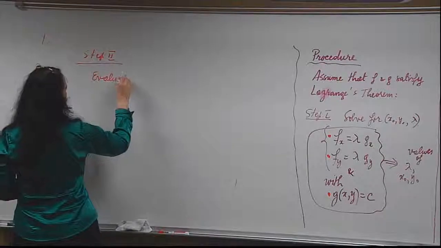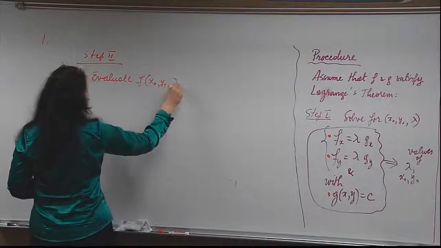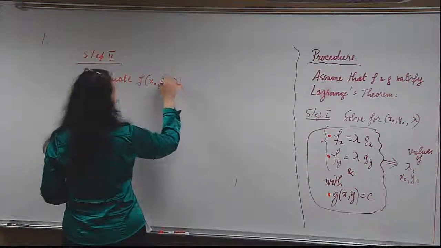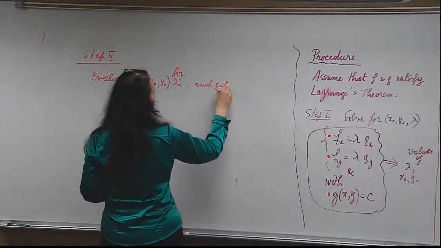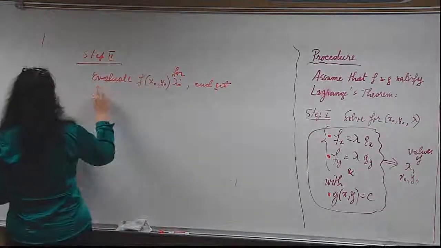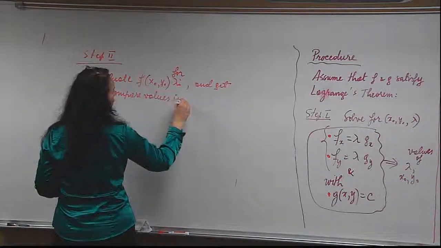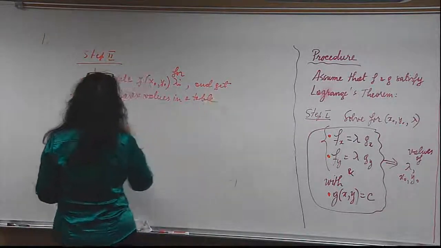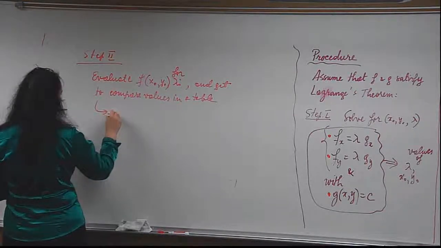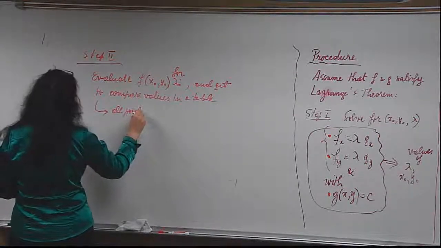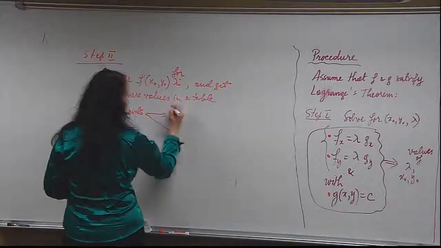Evaluate f at those x0, y0 we got, and compare values in a table, just like before. Seeing all points will give you an idea who's going to be the absolute max, absolute min.